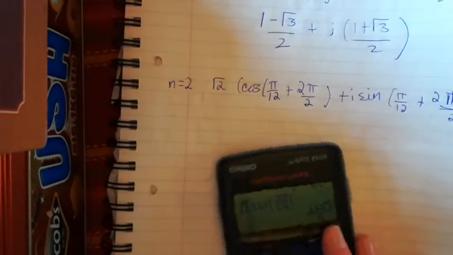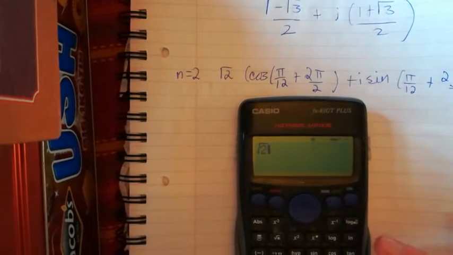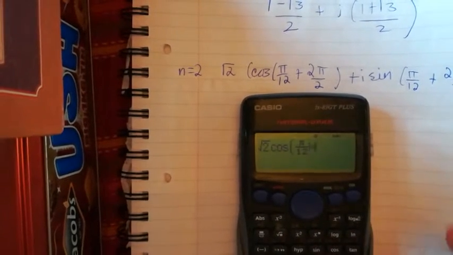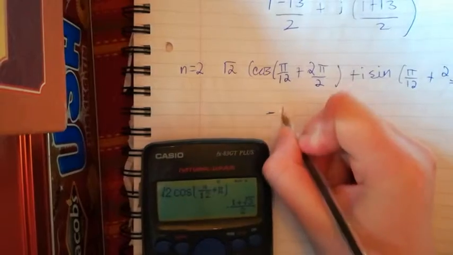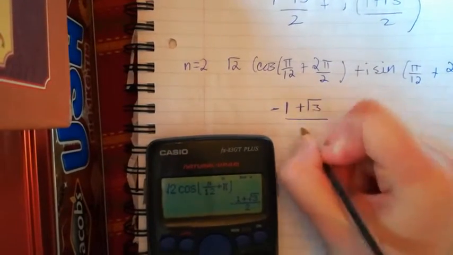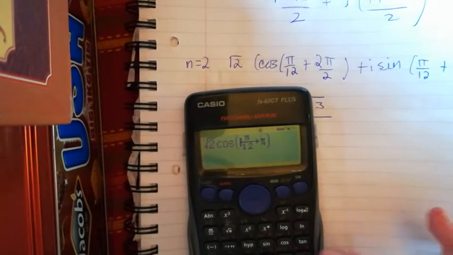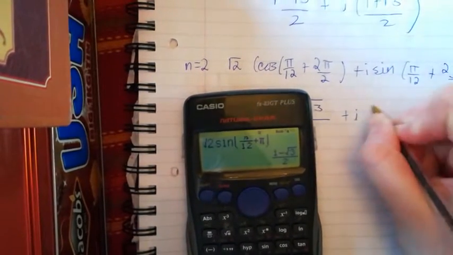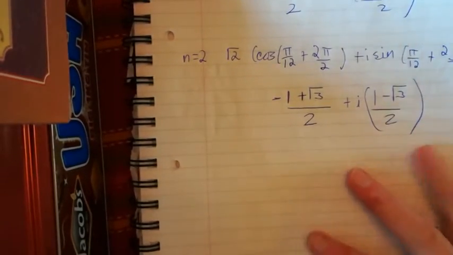So that's just going to be root 2 cos of pi over 12 plus pi, and then I get an answer of minus 1 plus root 3 over 2. And then I have to get my answer for sin, now my imaginary part. So I get an answer of plus I times 1 minus root 3 over 2, so I is being multiplied by 1 minus root 3 over 2.